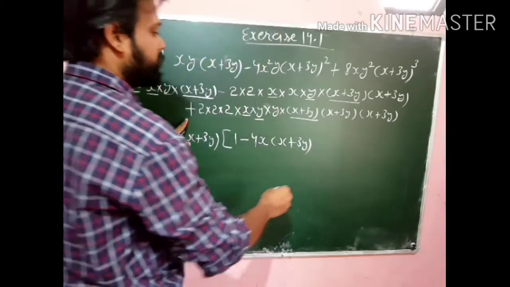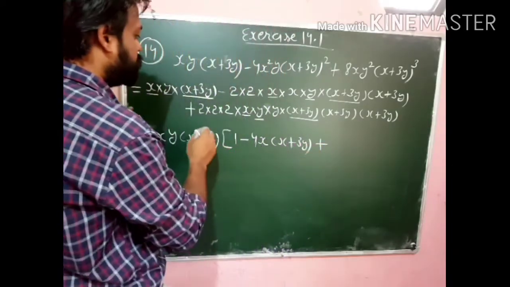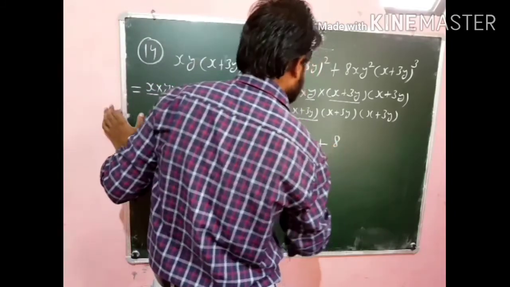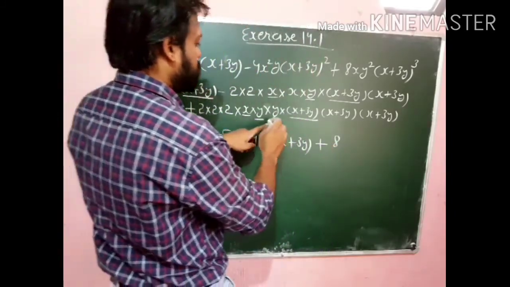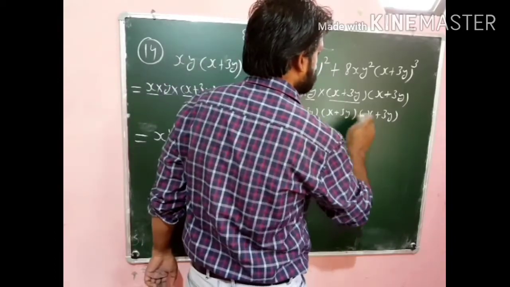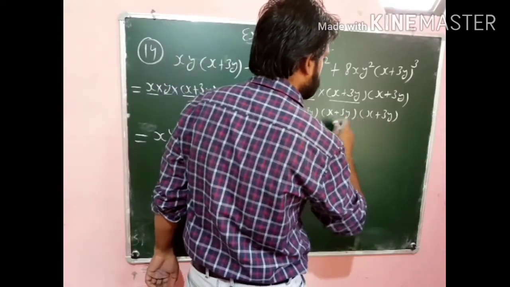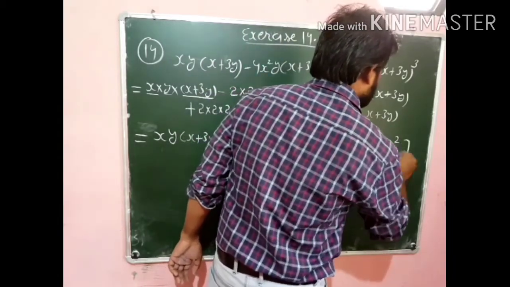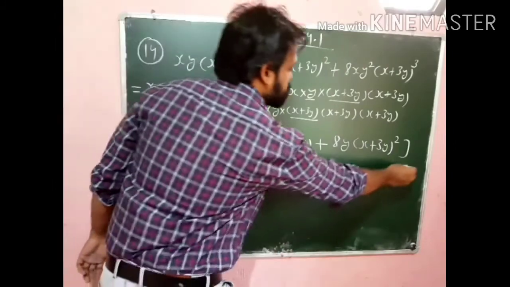Okay, now see, then plus sign as it is, and now you can see how many terms are common. This is 2 to the 4 to the 8. So because this is not common, write down 8 into y, and of course these two brackets, these two terms which are in the bracket. So because the terms are same, you can write down this x plus 3y raised to power 2. So this is the answer.